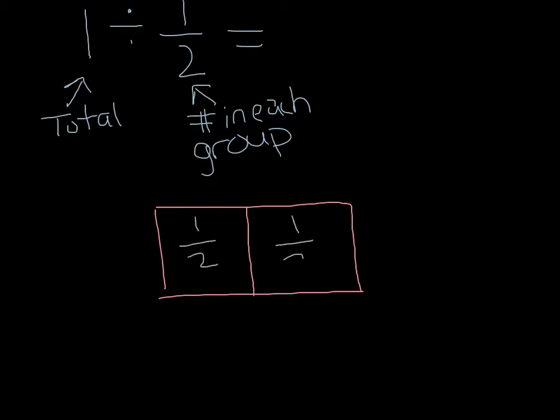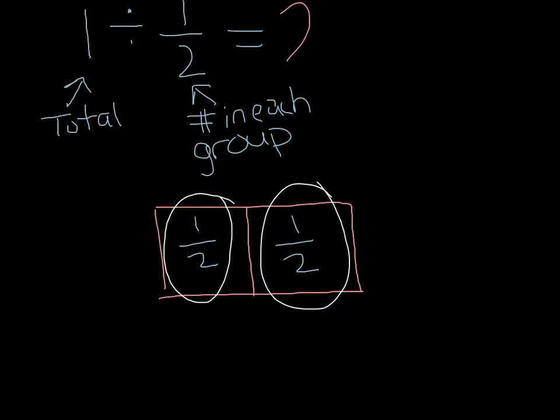Each of these represents 1/2. So now I'm going to count how many groups there are. So I'm going to circle, this is one group, and this is two groups. So my answer is 2. So 1 divided by 1/2 is 2, meaning there are 2 groups of 1/2 inside 1.